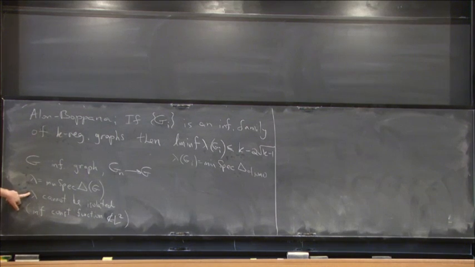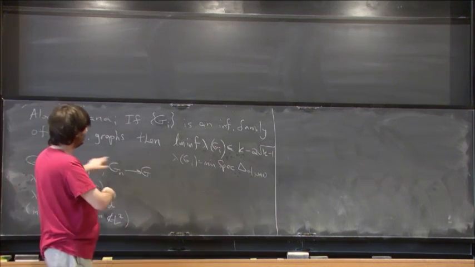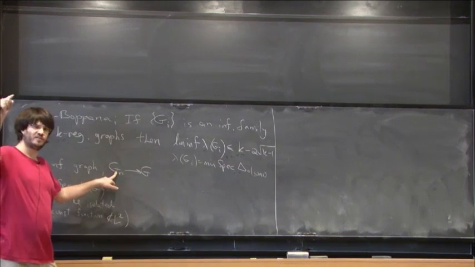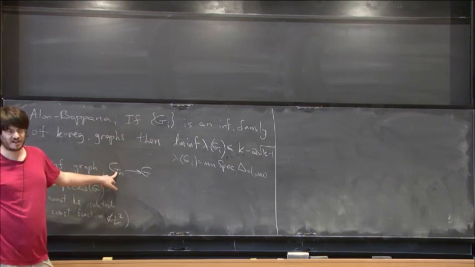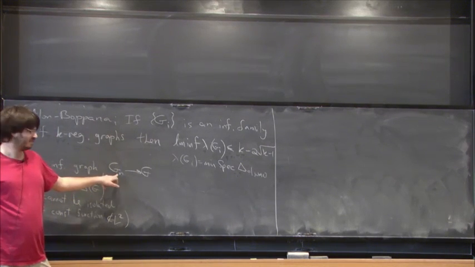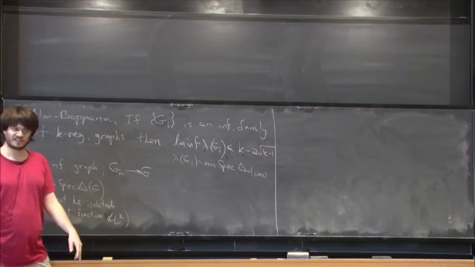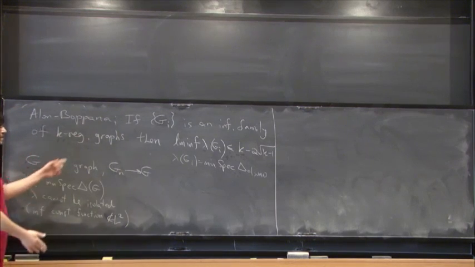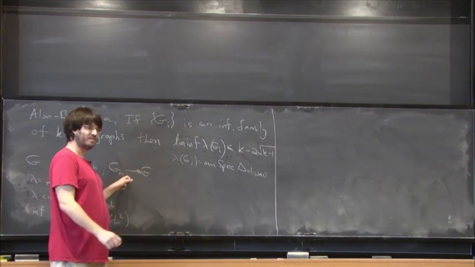So lambda cannot be isolated, which means that in the graph I have a sequence of eigenvalues converging to zero. For each one of them, I can find a sequence of eigenvalues converging to that one, and then I take a diagonal sequence, and it converges to 0, and it's not the 0 in the spectrum of these graphs.